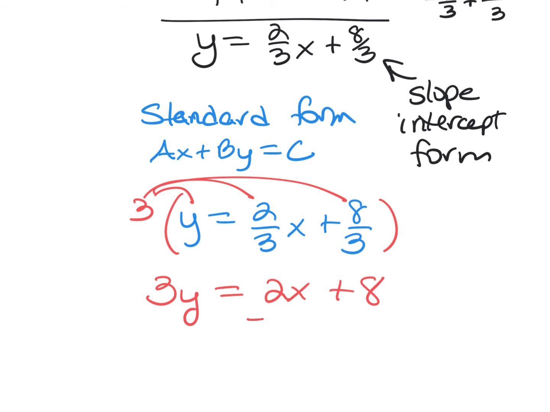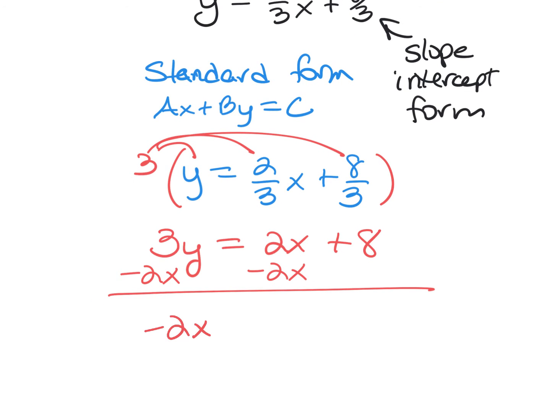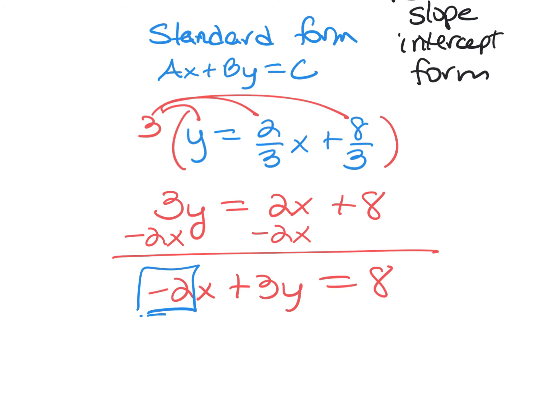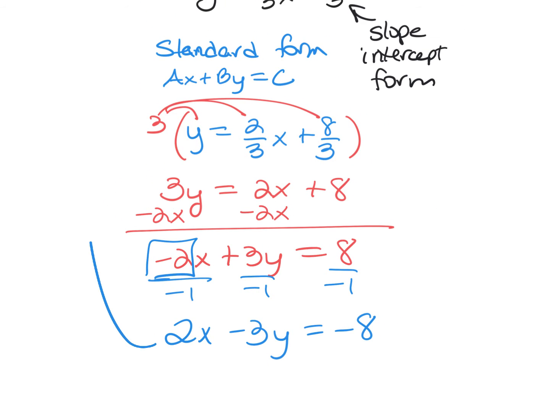So if I move the 2x over, I end up getting negative 2x plus 3y equals 8. Remember, this number can't be negative. So what I need to do is divide everything by negative 1 to make that 2x positive. So 2x minus 3y equals negative 8 would be the standard form of that equation.